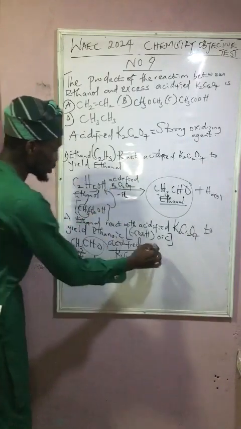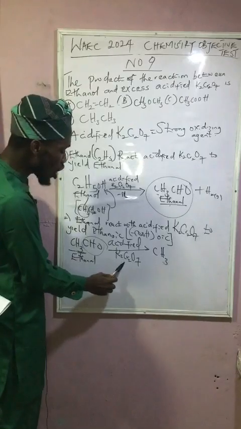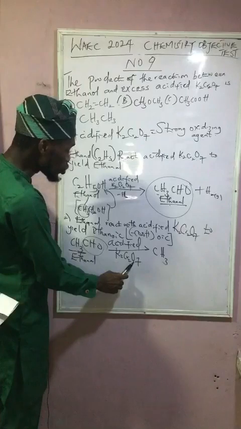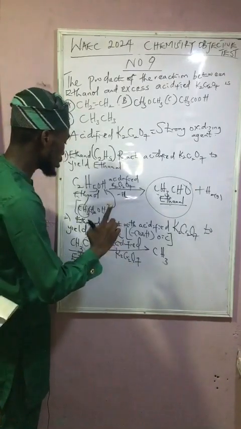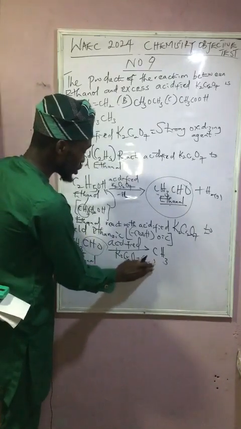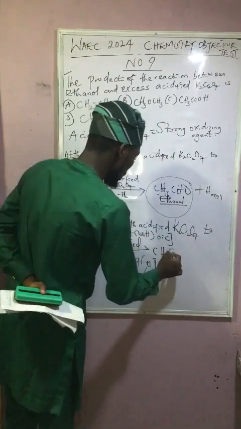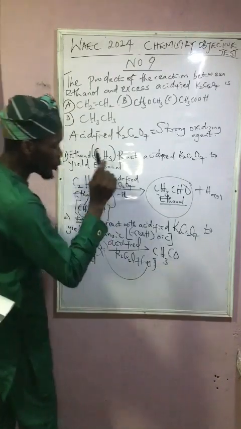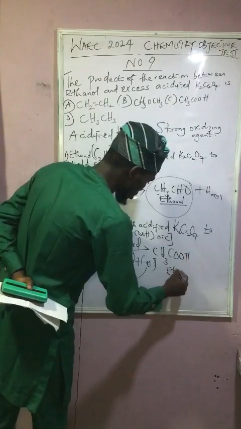Write what you have here as CH3, and from this potassium dichromate, we are going to pick 1 or 2 oxygen here. So this now, okay, you can say minus OH here. So this minus you are putting here is coming to this place. So we are left with what class? CO. Mind you, if this oxygen here is coming to this, we'll be having 2 oxygen.